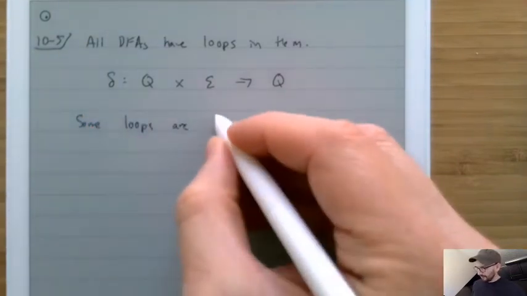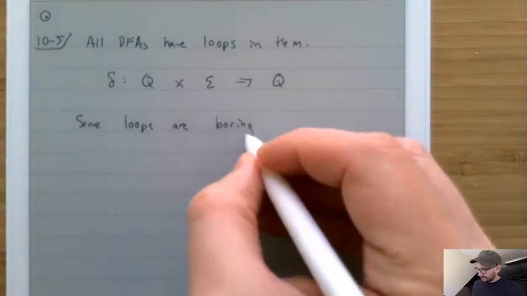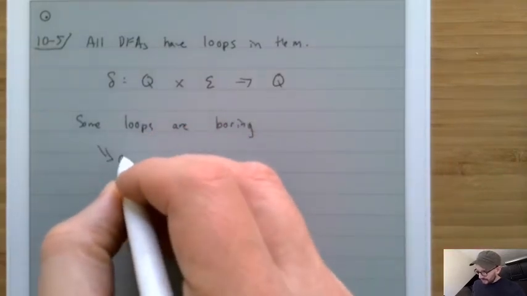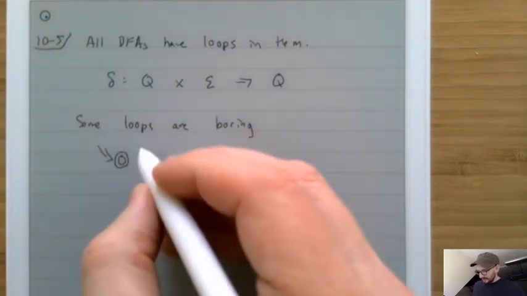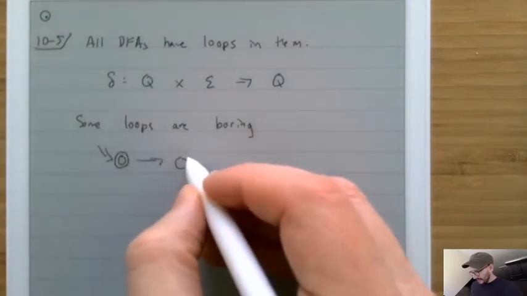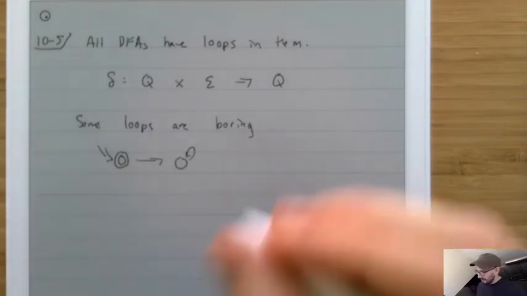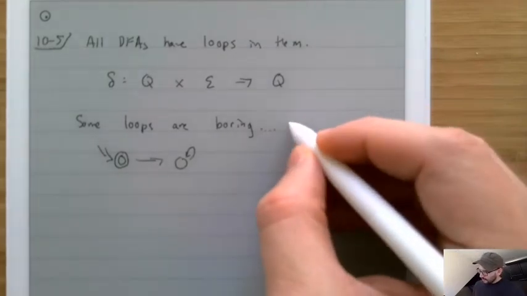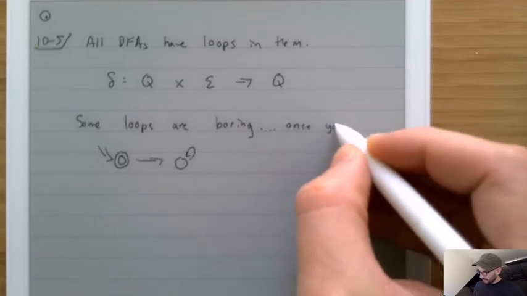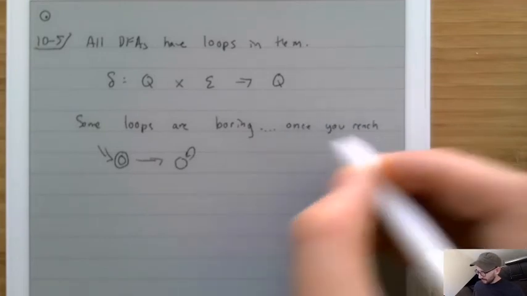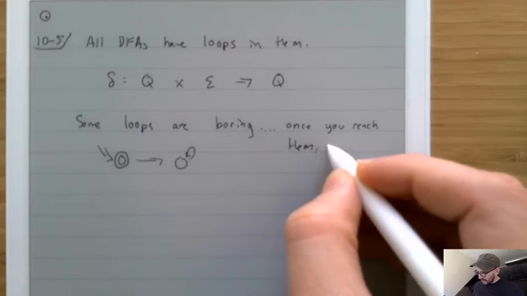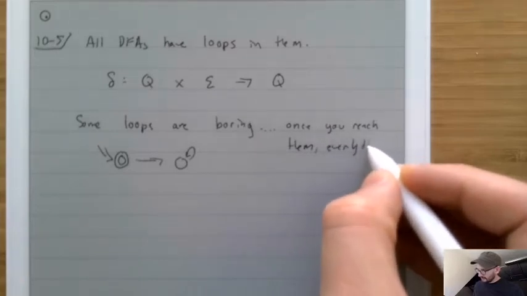For example, we could accept the empty string and then go to a state and then loop there on everything else. That's an example of a boring state. By boring, I mean once you reach them, everything is rejected.